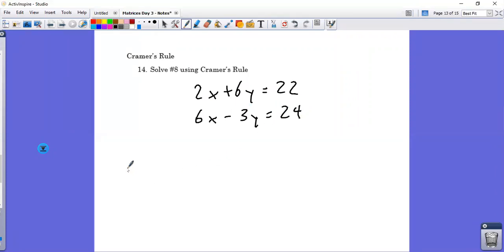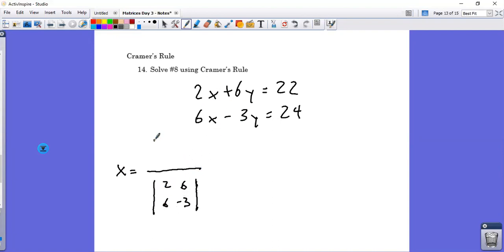So in Cramer's rule, you just solve for one variable using the determinants. And the way it works is the denominator is always the coefficients. So it'd be the 2, 6, 6, -3. That's the coefficient matrix.